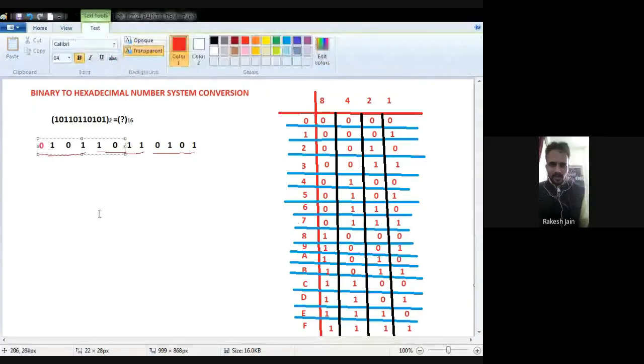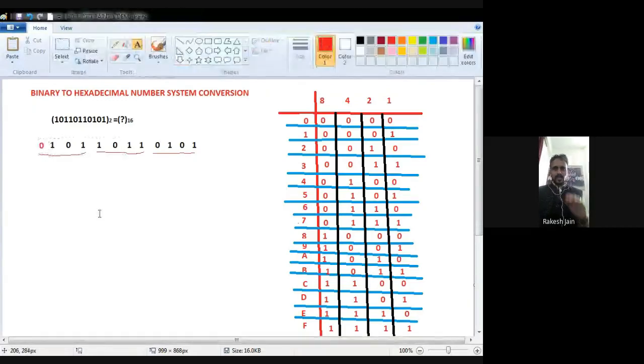Okay, 1 0 1 0 1 1 0 1, and then the last one is 1 0 1. So we make this one a 0 to complete the group. I marked it in red so that you understand it is an extra bit which we add to make a group of 4 bits.